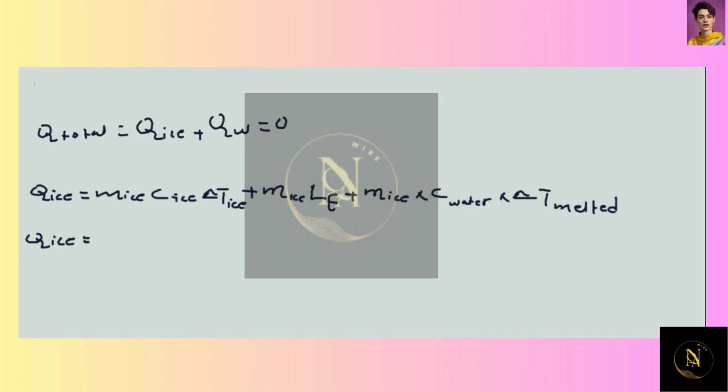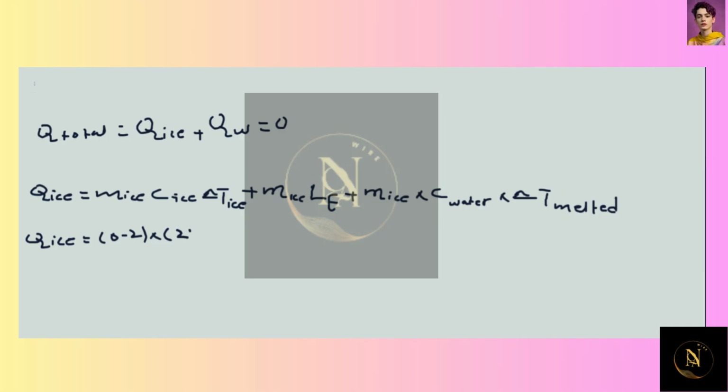is equal to 0.2 multiplied by specific heat capacity for ice, which is 2100 joules per kilogram per degree centigrade.